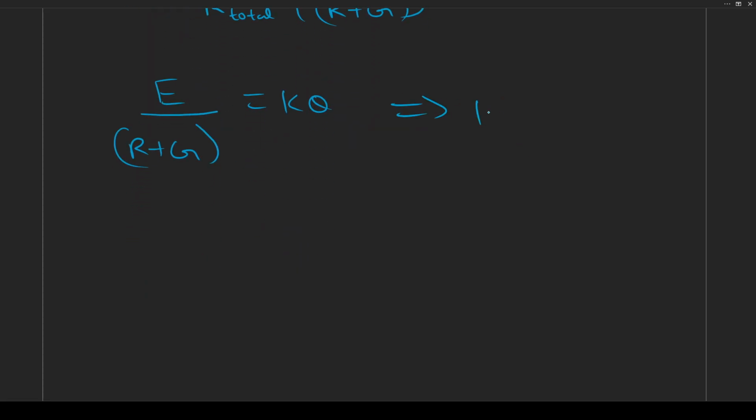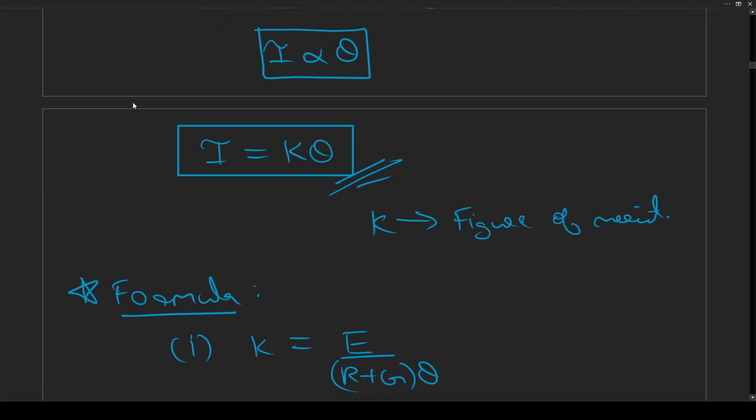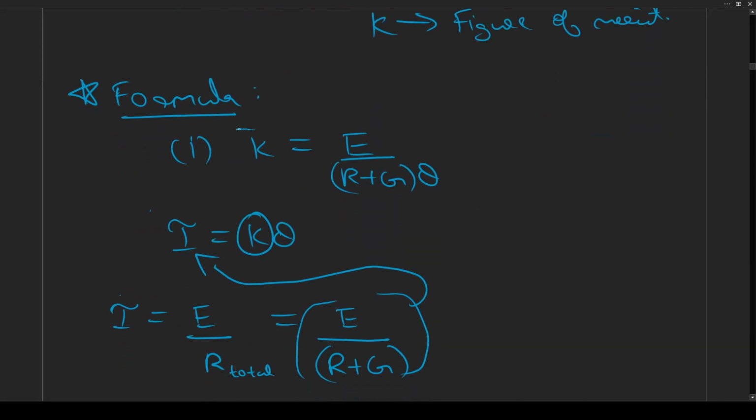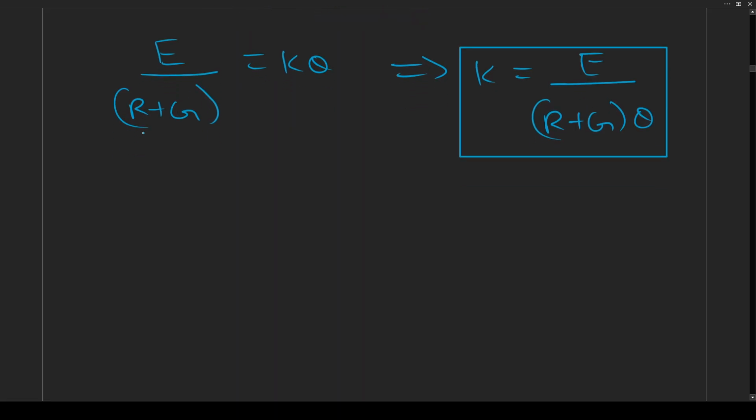We need k, so k is equals to E by (R plus G) theta. So directly from this easy equation we can get our formula here, which is very important for getting the final answer in this experiment. Okay, let's continue. That is the formula.